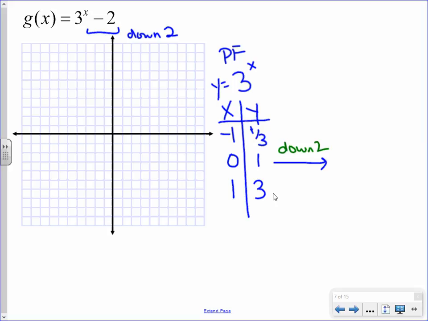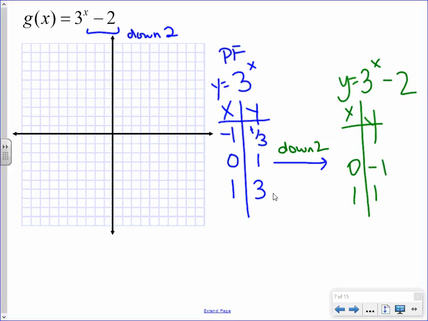So that's going to affect your y coordinates. So if we take those coordinates and shift them down 2, this becomes 1, 1. This becomes 0, -1. What does -1, 1/3 become? -1 and 2/3?